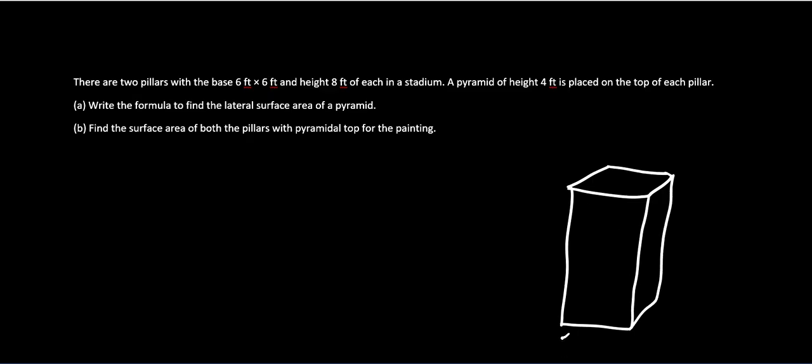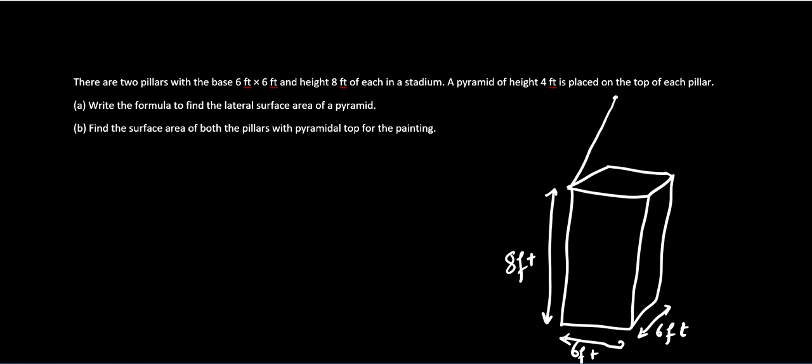It is 6 feet, and this one is also 6 feet, and the height of the cuboid is 8 feet. On the top we have a pyramid, and the height of the pyramid is 4 feet.